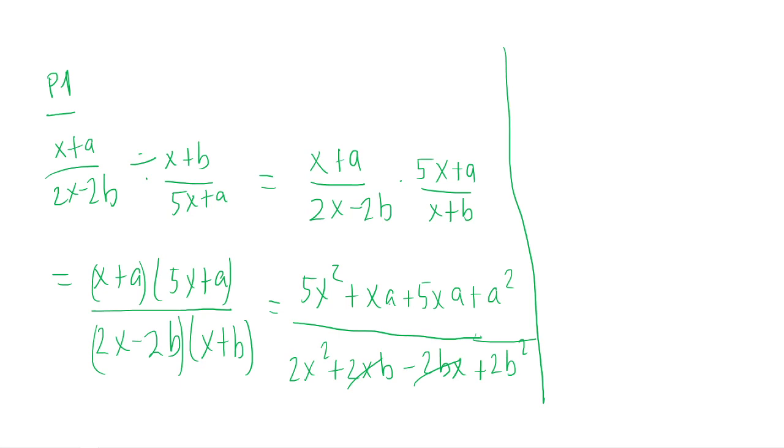And xa plus 5xa is 6xa, so the fraction is equal to 5x squared plus 6xa plus a squared divided by 2x squared plus 2b squared. Sorry, that should be minus. There's a minus sign here. We remove the plus and say minus.